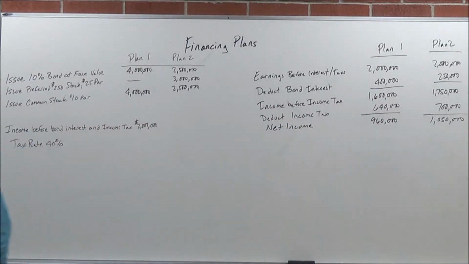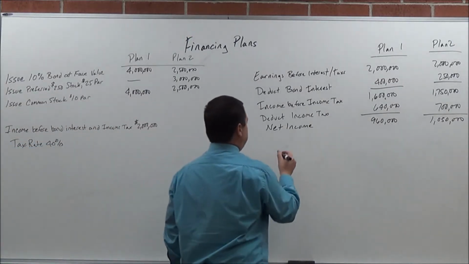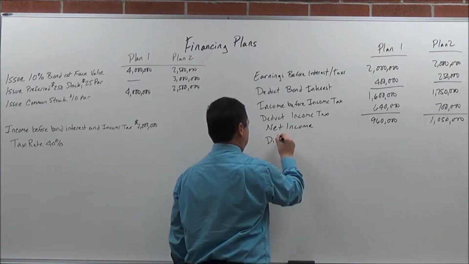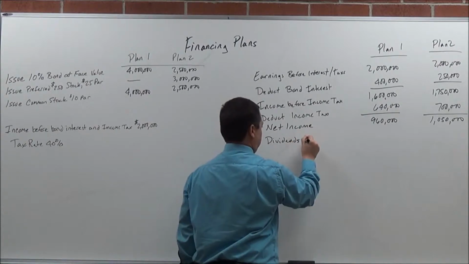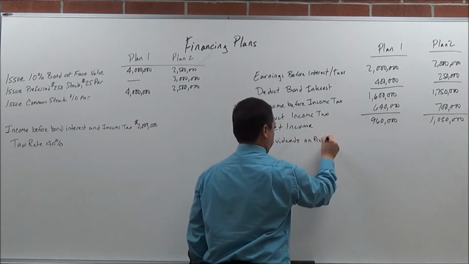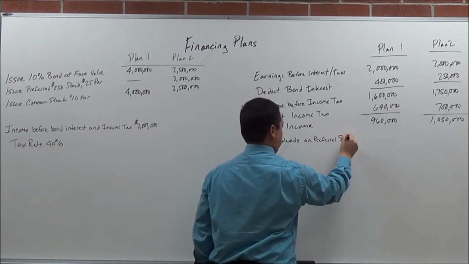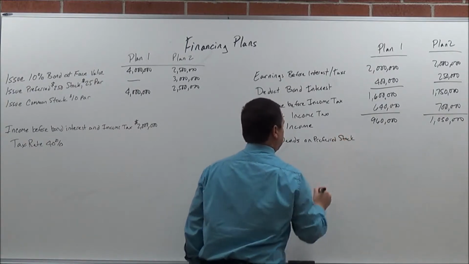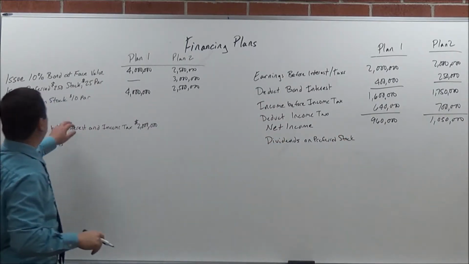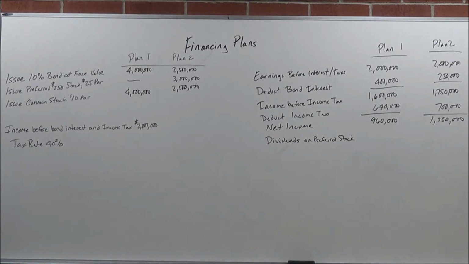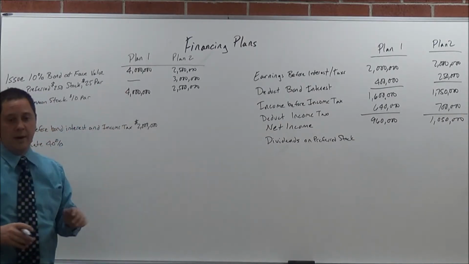Now we're going to take away the dividends on preferred stock. We show that we have 0 in this plan, so we won't have any there.